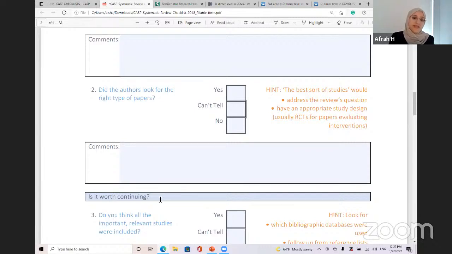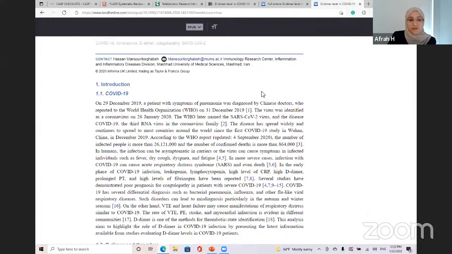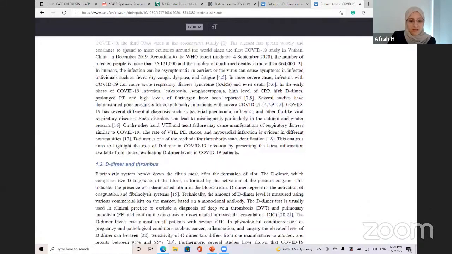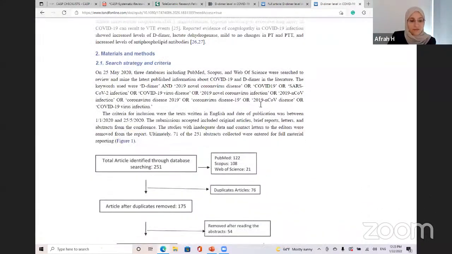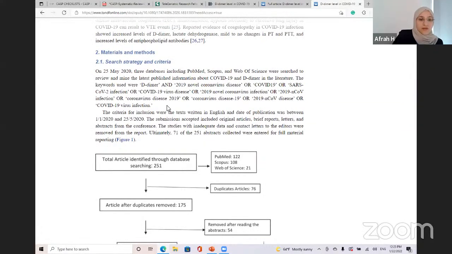So second question, did the authors look for the right type of papers? The best sort of studies would address the review's question and have an appropriate study design. If we look at this study, the criteria for inclusion were the text written in English. The studies with inadequate data and contact letters to the editors were removed from the report.